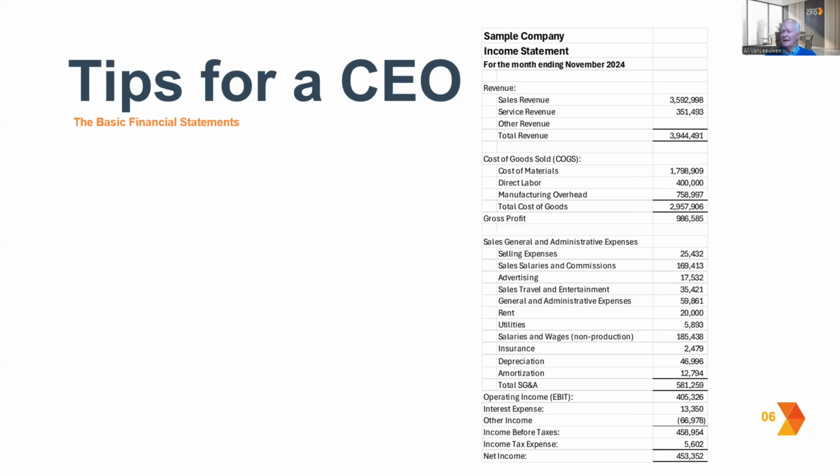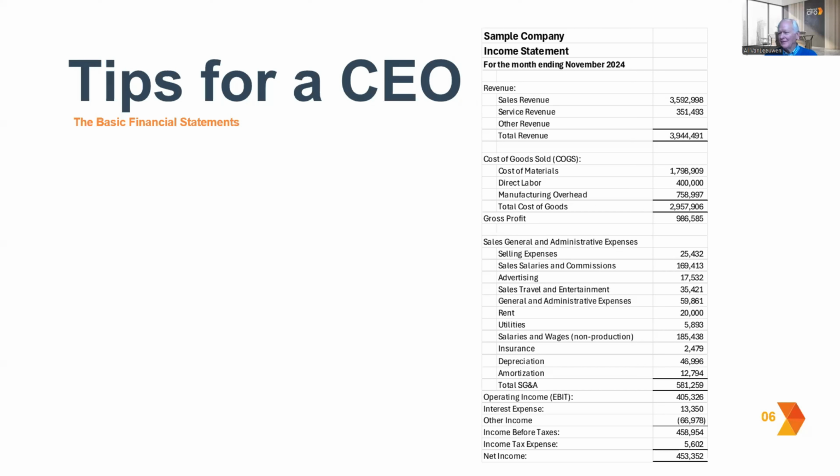There's two other items on this income statement that if I were to look at it and give you advice, I would say as follows. The income tax expense of $5,602 versus income before taxes is way low.